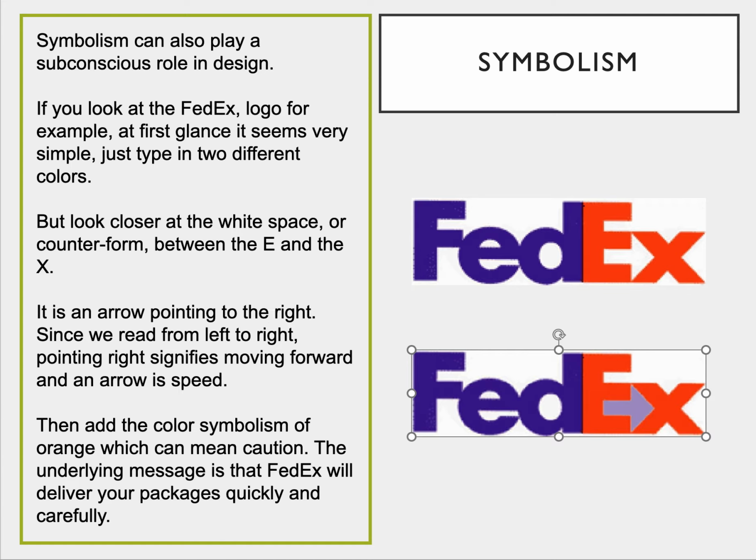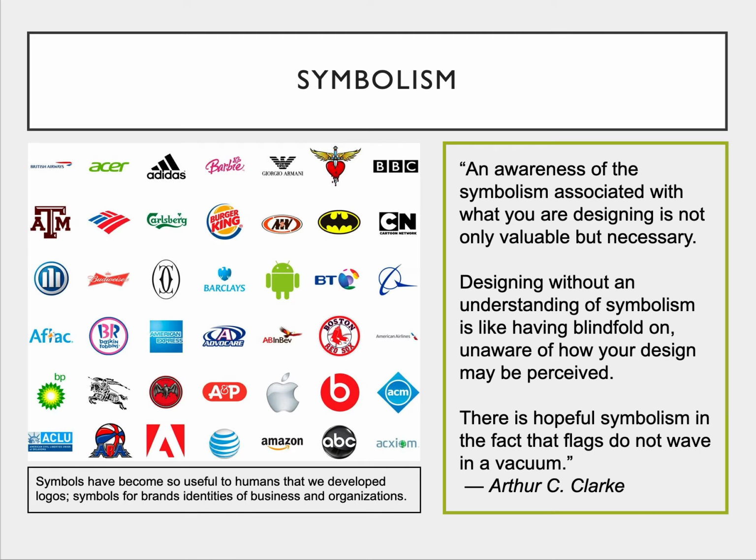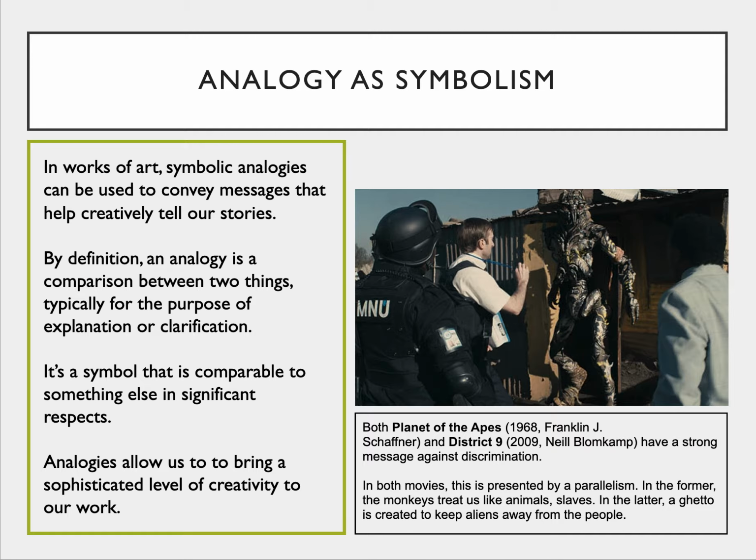Oh, I colored it on the thing. Logos. Anytime you see a logo, branding, that's symbolic. In fact, symbols have become so useful that we now use them to represent apps. And apps, right, are software programs that make our lives better.